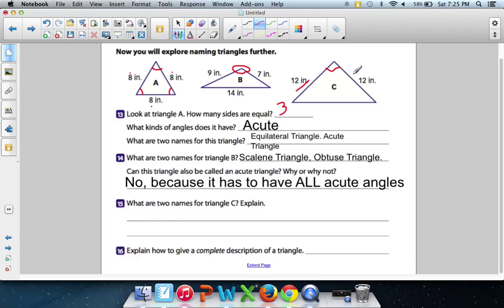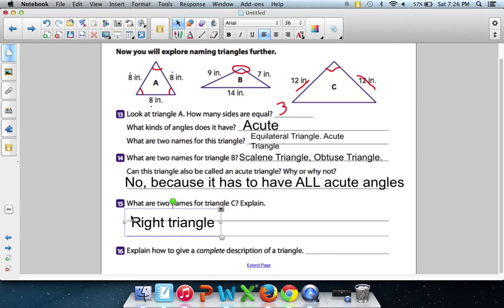This is equal, and this is equal. I don't know about the bottom. The bottom might not be so equal. So if it has a right angle, like it does on top right there, you can call it a right triangle because of the right angle, period.